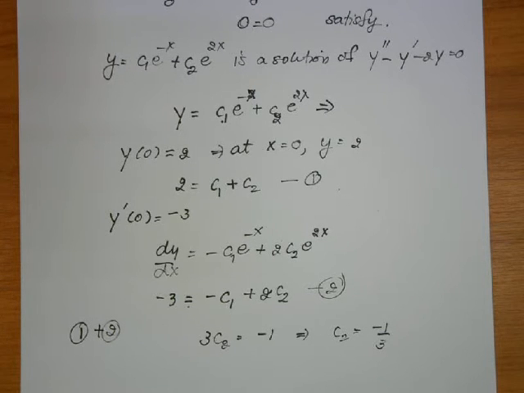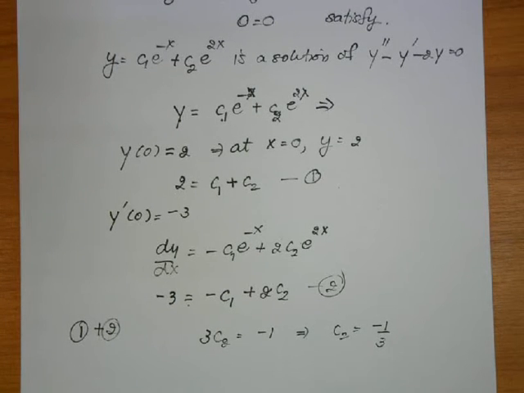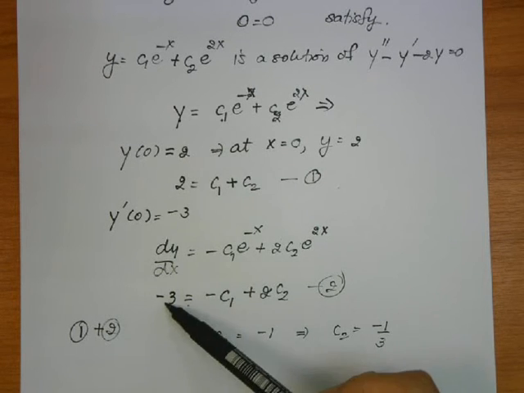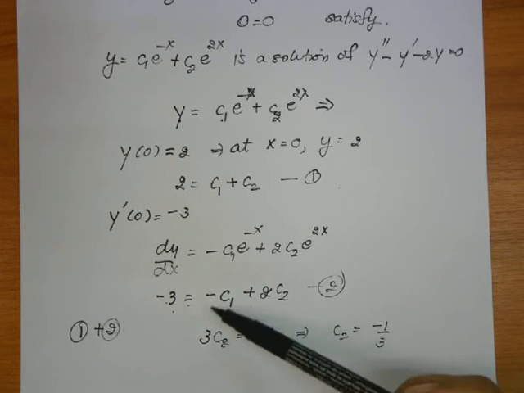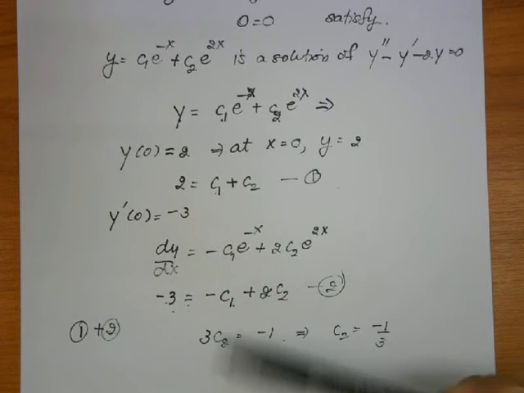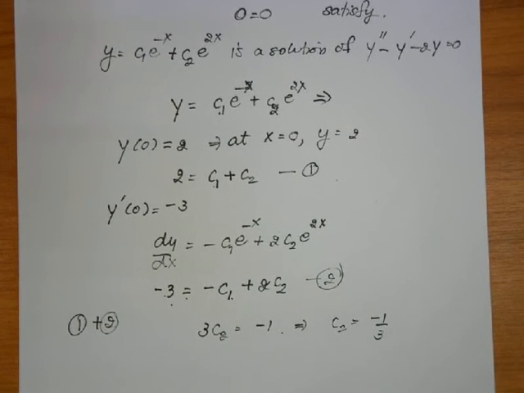Is that correct? You do plus, this is minus 3, you got minus 1 there. You do plus c1 and c1 gone. This one you got 3c2, right? So your c2 is equal to minus 1 over 3.